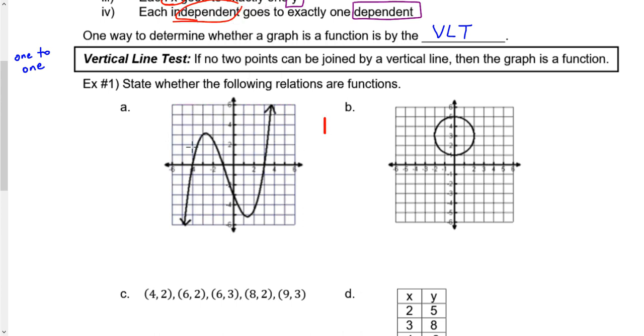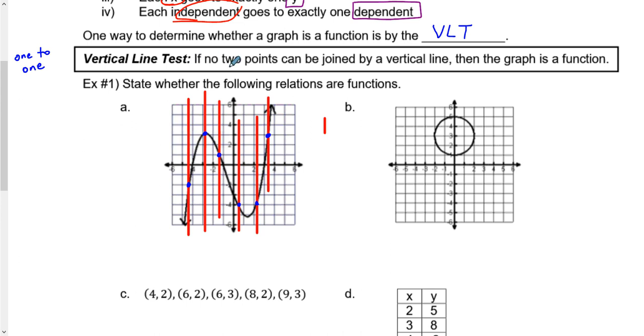Basically, if I draw vertical lines all along a graph, if I only touch the graph once with any vertical line, it passes the vertical line test.